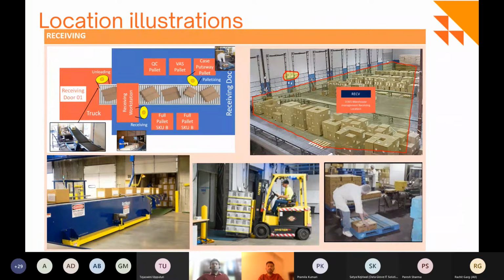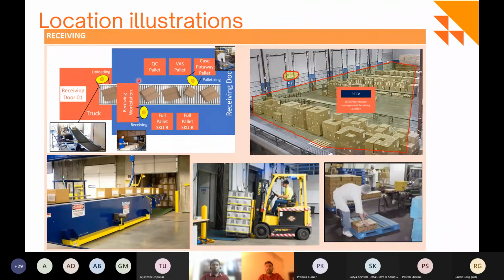I will show some pictures in these few slides to give you a better visualization of how these locations look. The first one is the receiving location. Depending on the receipt volume, we can have an automated conveyor belt. As you can see on your top left, conveyor belts are receiving these carton boxes, which can then be manually offloaded.